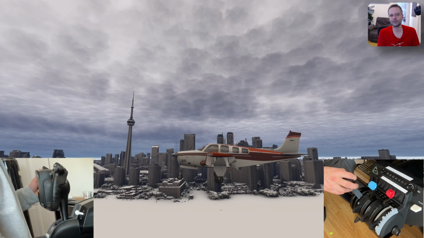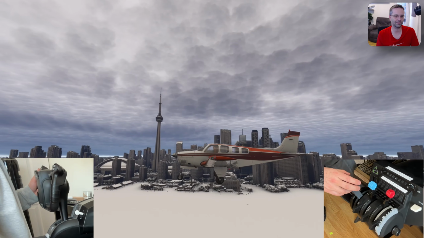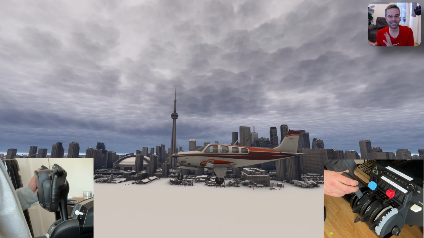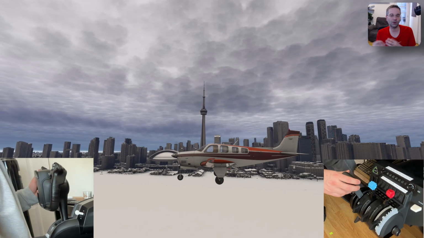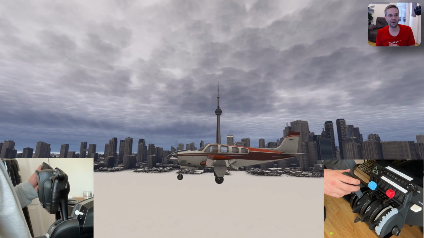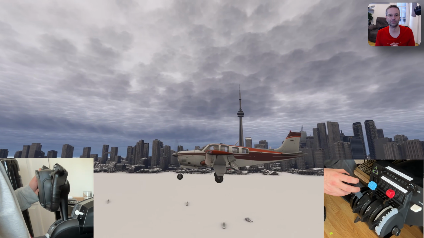Let's look at this from the side view now, because there's a little bit more I want to point out, and I think it'll help to understand the mechanics of it a bit better. This is the exact same approach we just looked at, and although our nose isn't pointing straight down, we're still descending as we know, but our front and rear landing gear are kind of level with each other right now.